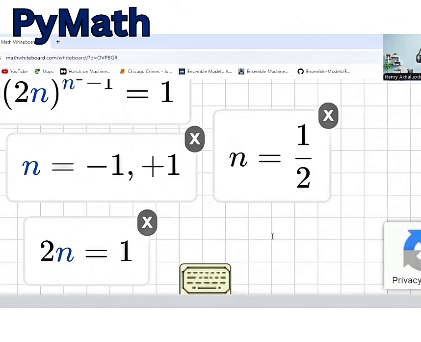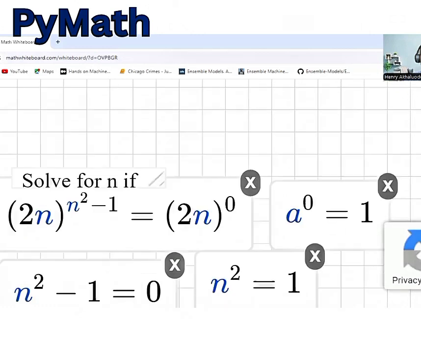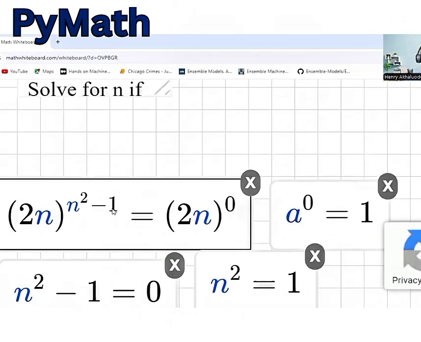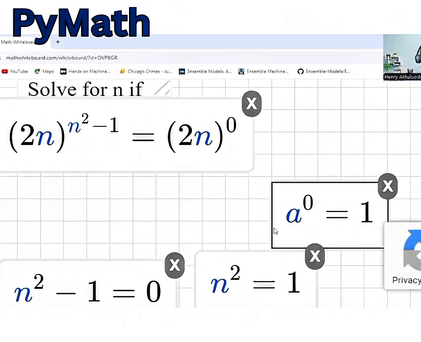If you slot in minus 1, plus 1 and a half into this equation, you will find that the left-hand side equals the right-hand side. So the solution has come out. So we have three solutions for this indicial equation.